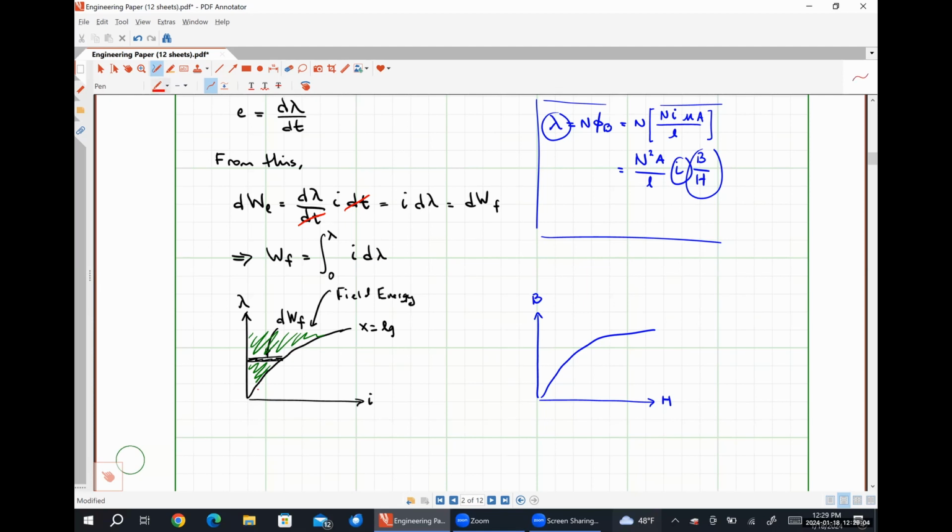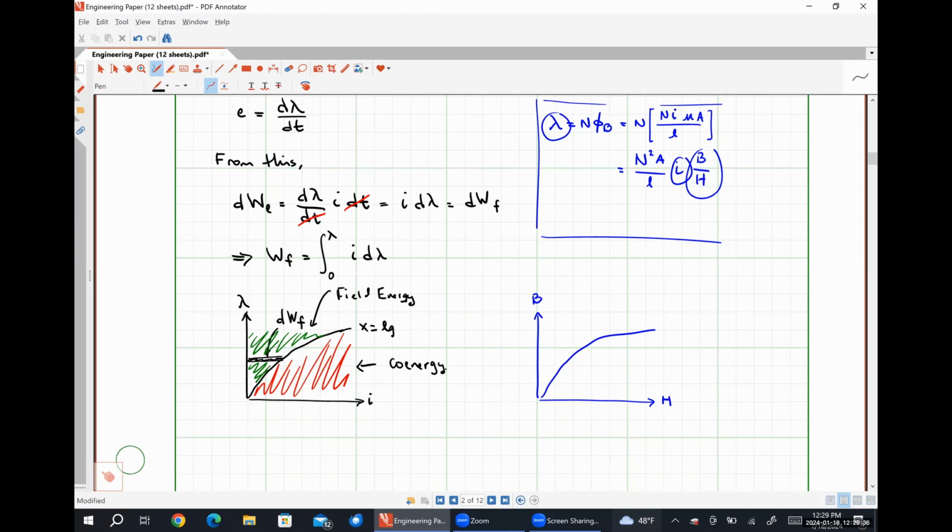Everything below this curve is what's called our co-energy. Now, co-energy is literally used because sometimes it's easier to find the energy of a system, and these two quantities are related.